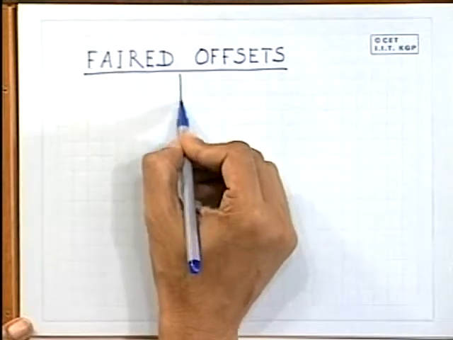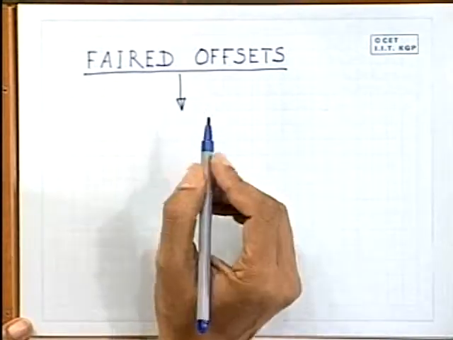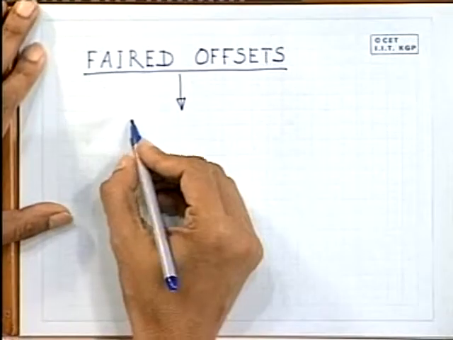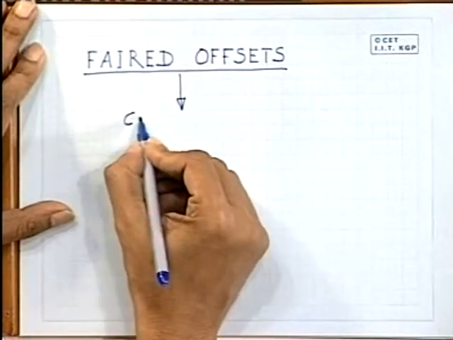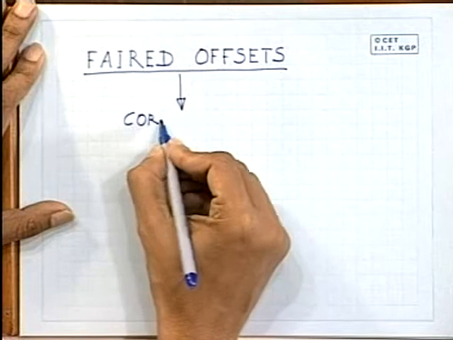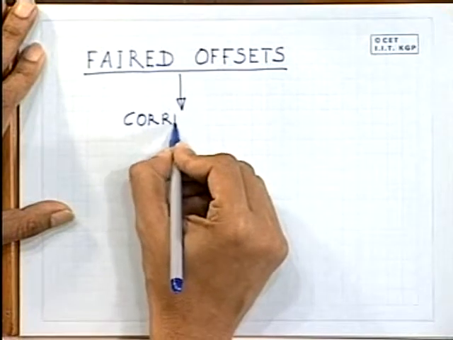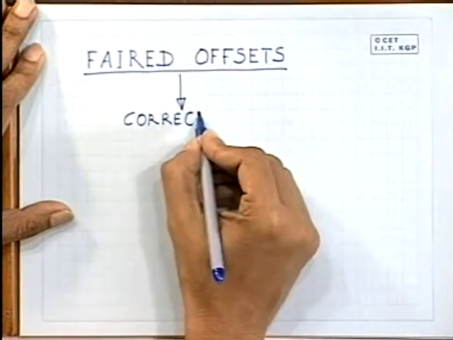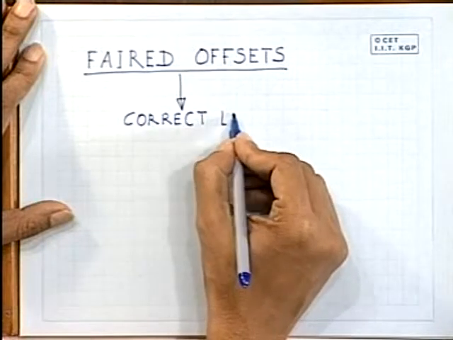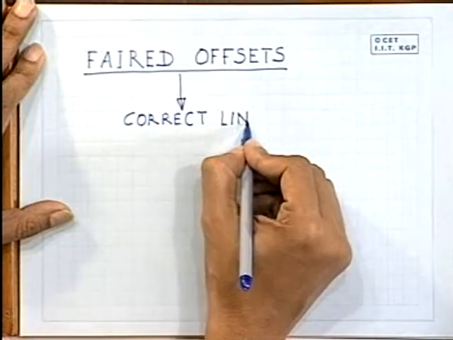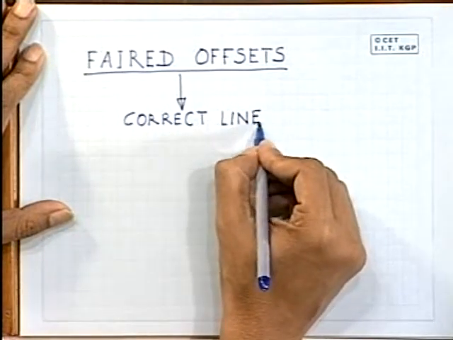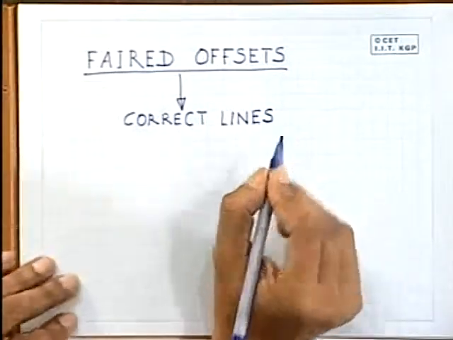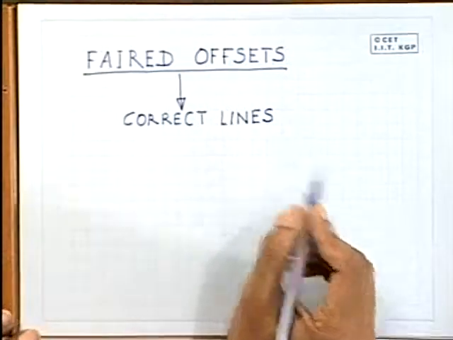The faired offsets will give the correct lines. Correct lines can only be obtained if the fairing is done. So the process that I have just now described is called the process of fairing.